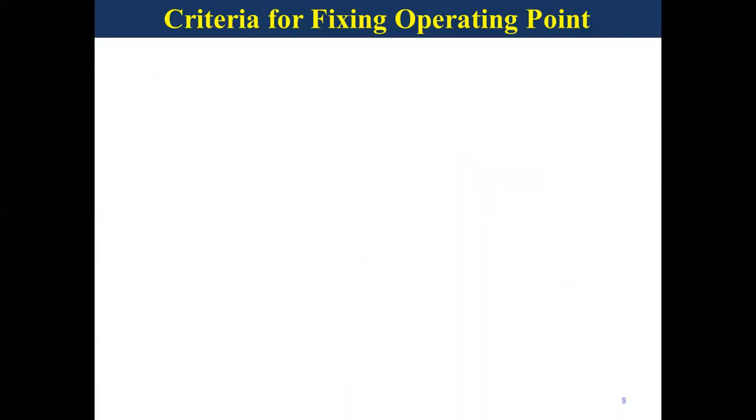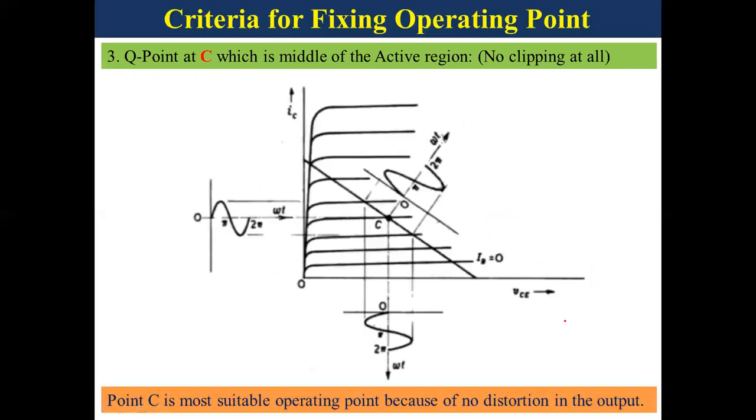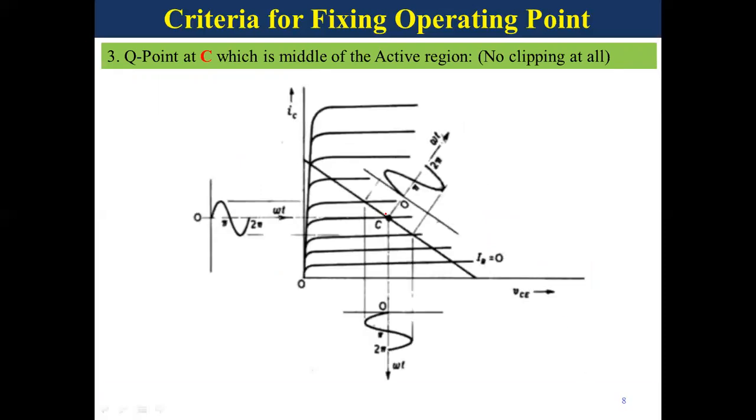Then I'm assuming the third case. In the third case, the Q point is at position C, which is the middle of the active region. Then we are applying our IB.